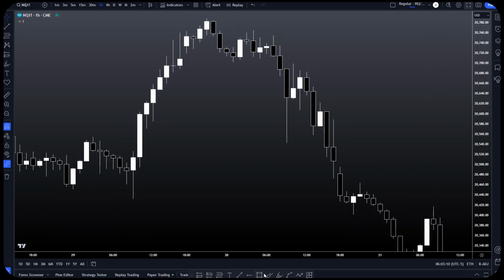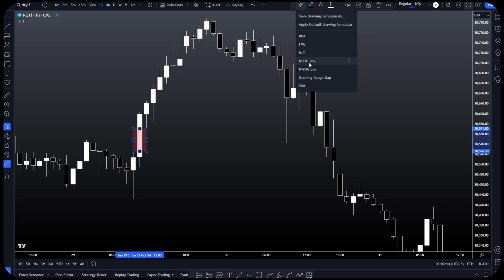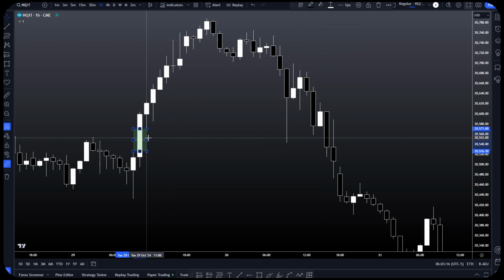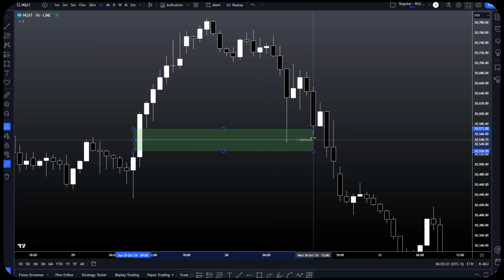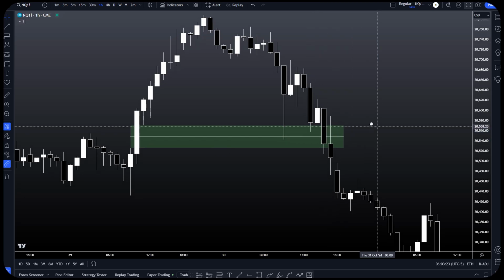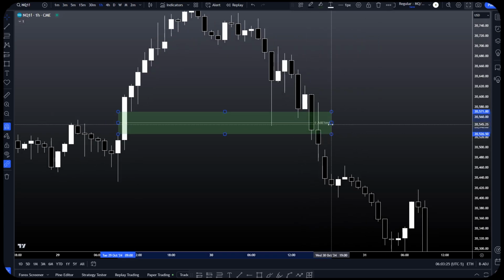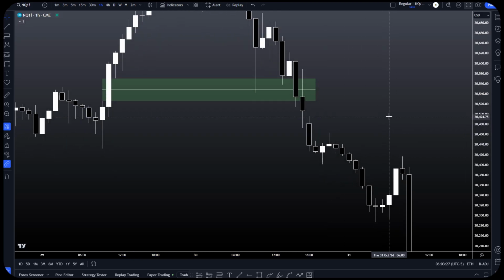Even with fair value gaps, if you create a so-called bullish fair value gap, not every bullish fair value gap is going to act as a bullish fair value gap. Some of them are getting flipped and treated as inversions to send price lower.